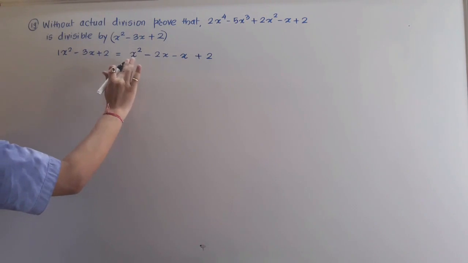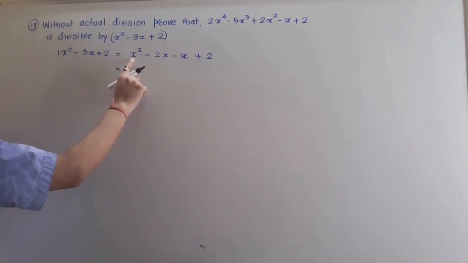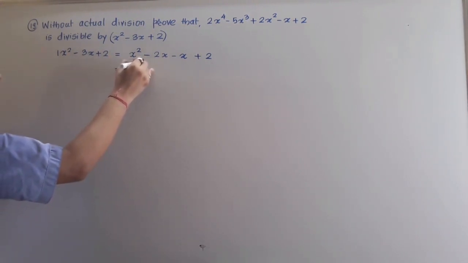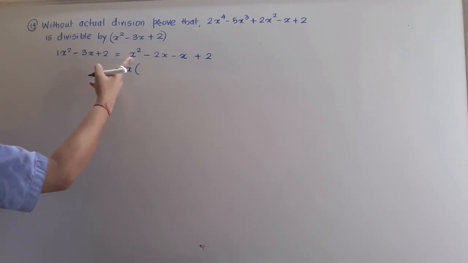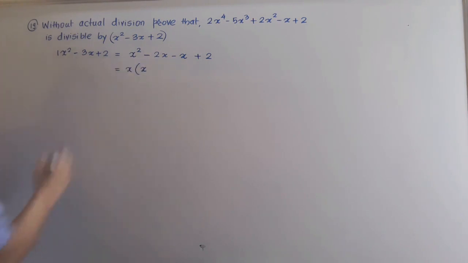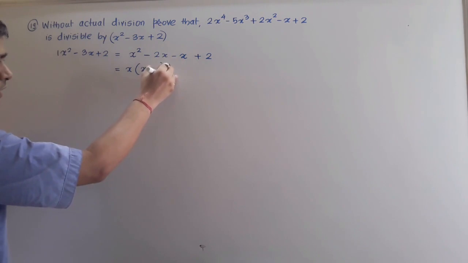Now observe the first two terms, what can we take common? We can take x common. Here 2x is there and here 1x is there, so x at least we can take common. Here it was 2x earlier; x went outside, so how many x remain? 1x. Here only 1 was there, so only minus 2 will remain.